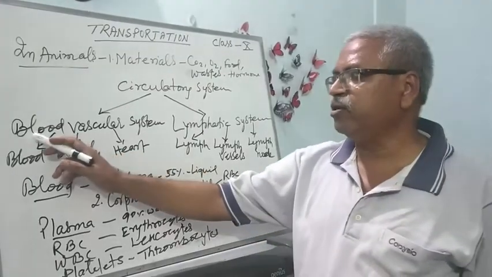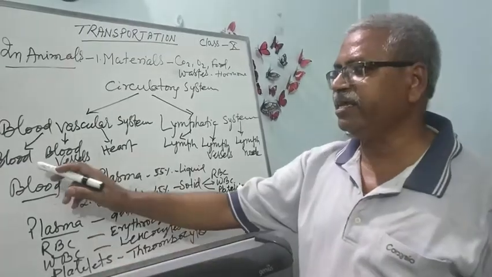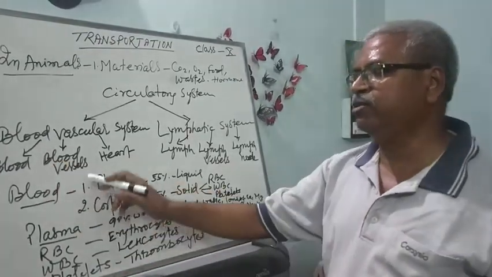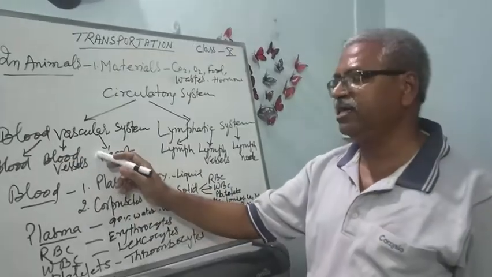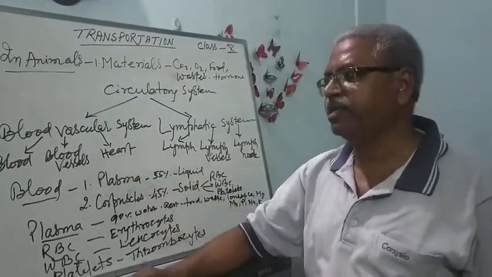The main component of the blood vascular system which transports the material is the blood. And this blood is transported through the blood vessels and the heart helps in its transportation.